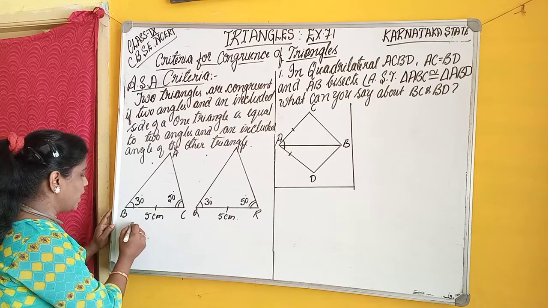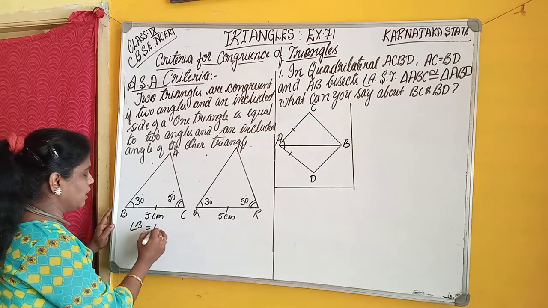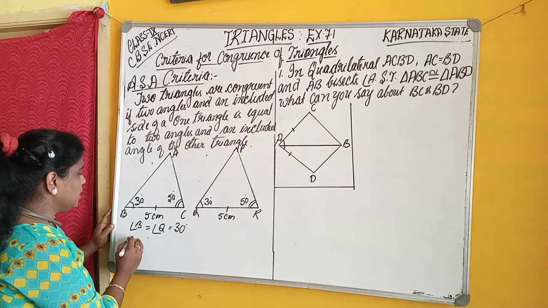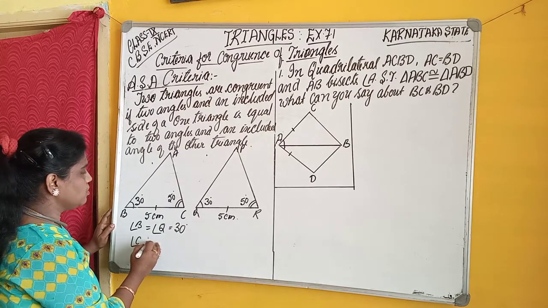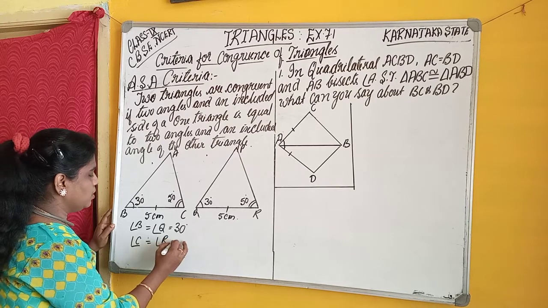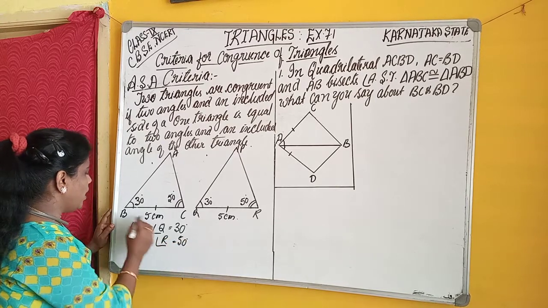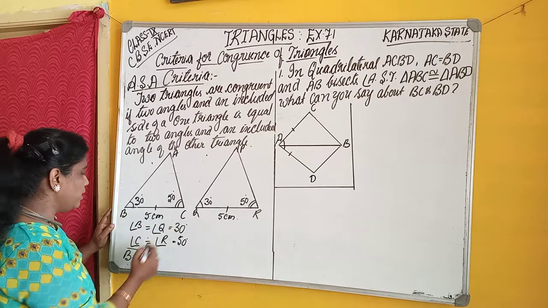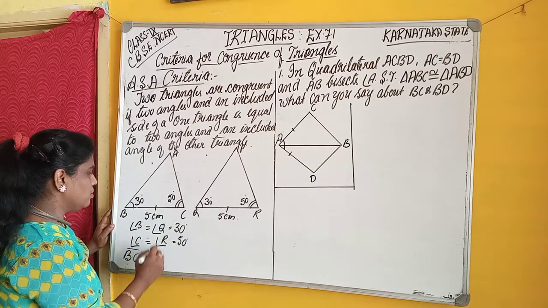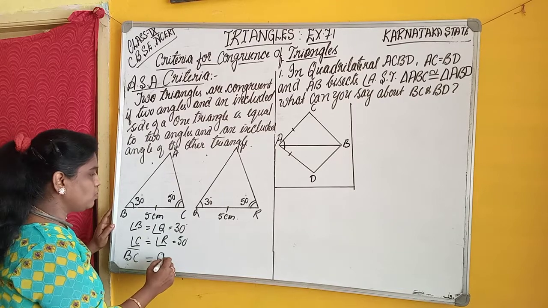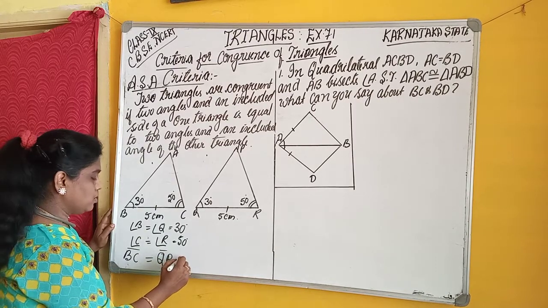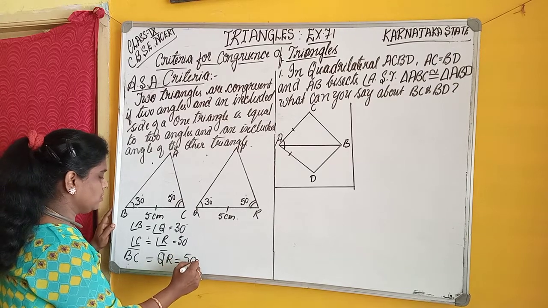Therefore, angle B is equal to angle Q, that is 30 degrees, and angle C is equal to angle R, that is 50 degrees, and the side included by these two angles is 5 centimeter.